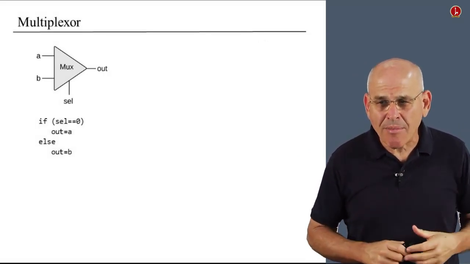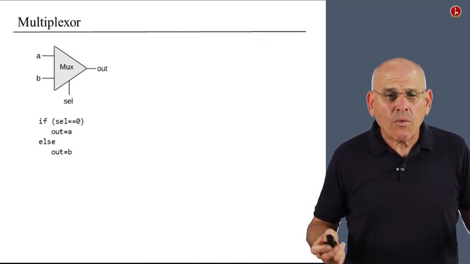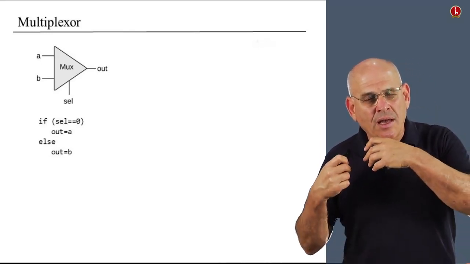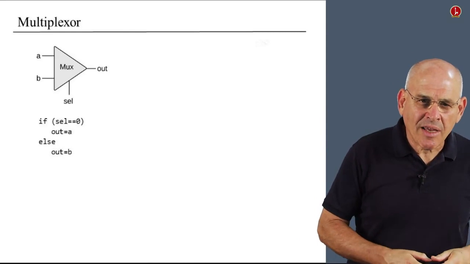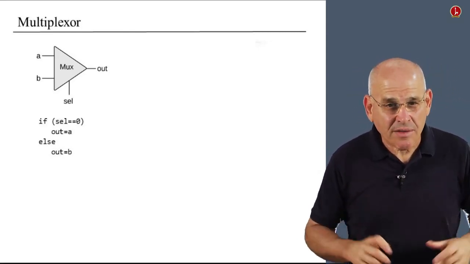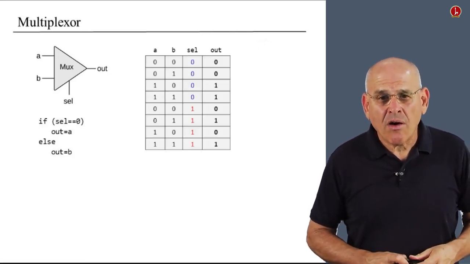So three inputs come in: A, B, and sel. What does the multiplexer do? Well, if sel equals 0, the multiplexer outputs A. If sel equals 1, the multiplexer outputs B. That's it. That's the desired behavior of a multiplexer.